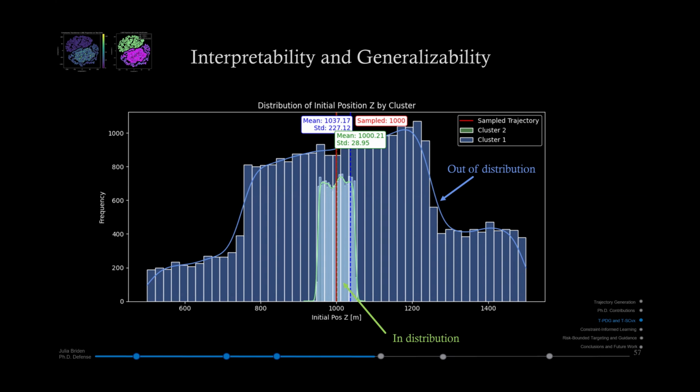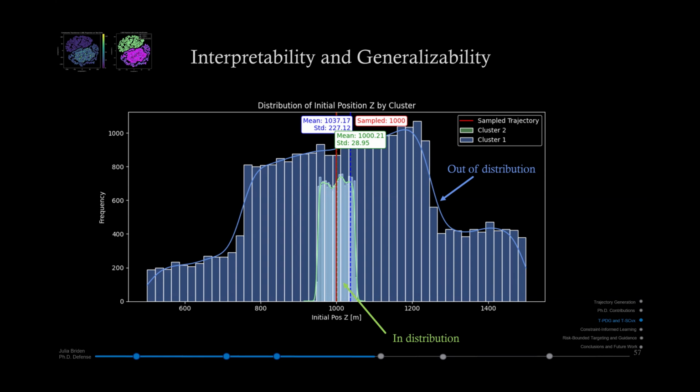While cluster 1, which had a lot more of the inaccurate points and also corresponded to the cluster that had a lot of tight constraints, has a much wider standard deviation and a lot of points outside of that first cluster. So what we can take away from this is that cluster 2 denotes a sort of in-distribution region.